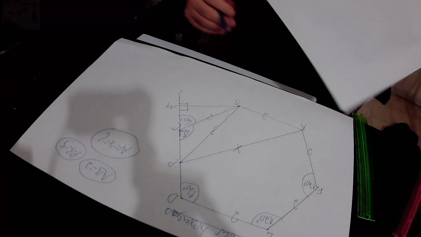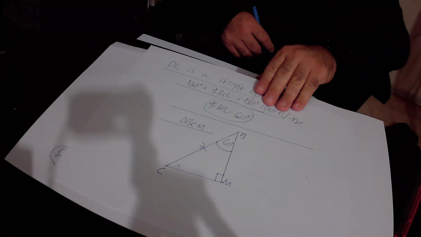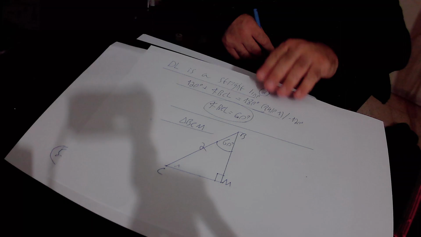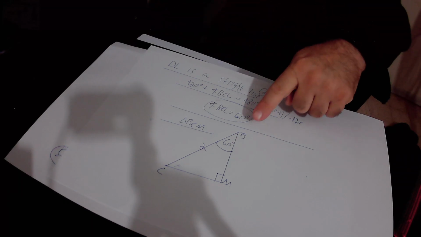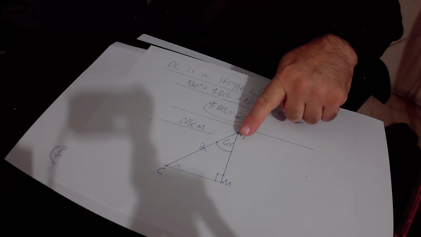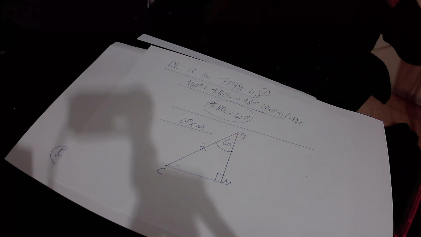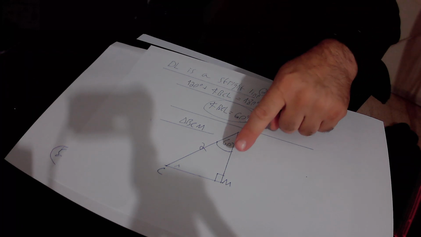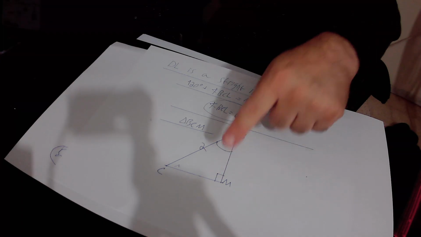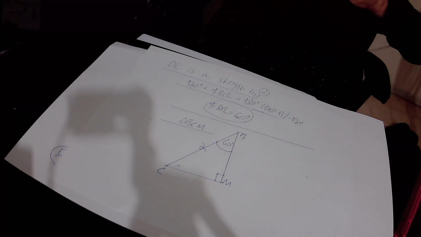So actually, this is the right triangle BCM that I copied from the original drawing. Angle MBC equals 60 degrees according to rule number 1, and angle BMC equals 90 degrees according to our construction.